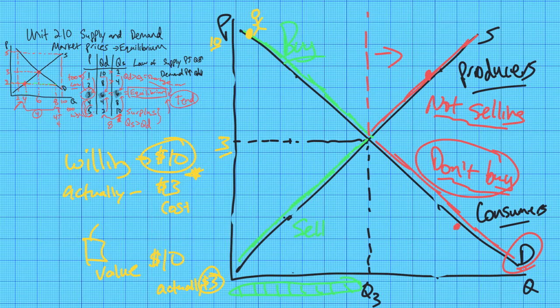So the point I'm slowly getting to is we want to know how much extra benefit do they get as a result of this. I'm willing to spend 10. I actually spent 3. All right, so they're walking around. Think of it like this. They're walking around with $10 in their pocket. They give away $3, so now they have $7 in their pocket.